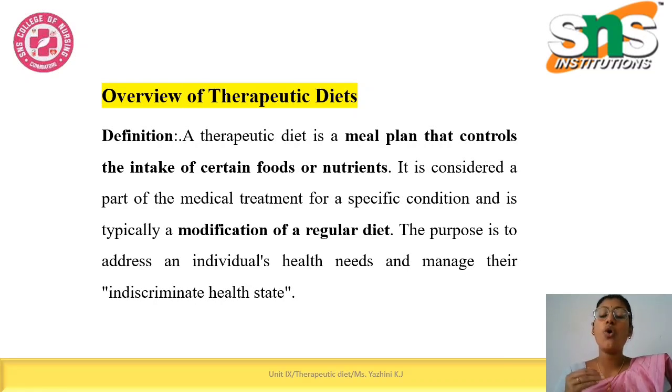We have already seen the goals. These are all needed for achieving the goals. To achieve an individual's unique health needs, we have to manage according to their health status. These diets play a main role in treating disease, supporting recovery, and optimizing nutrition.